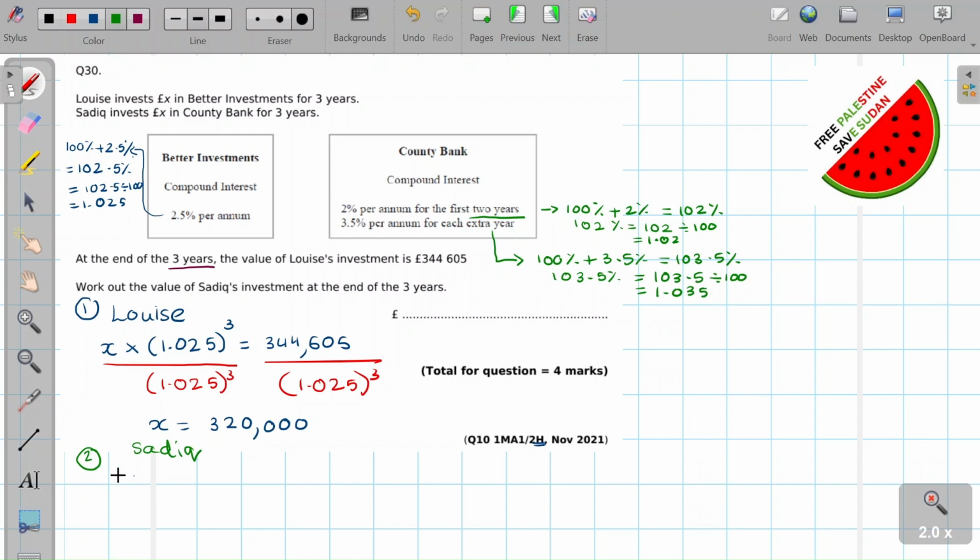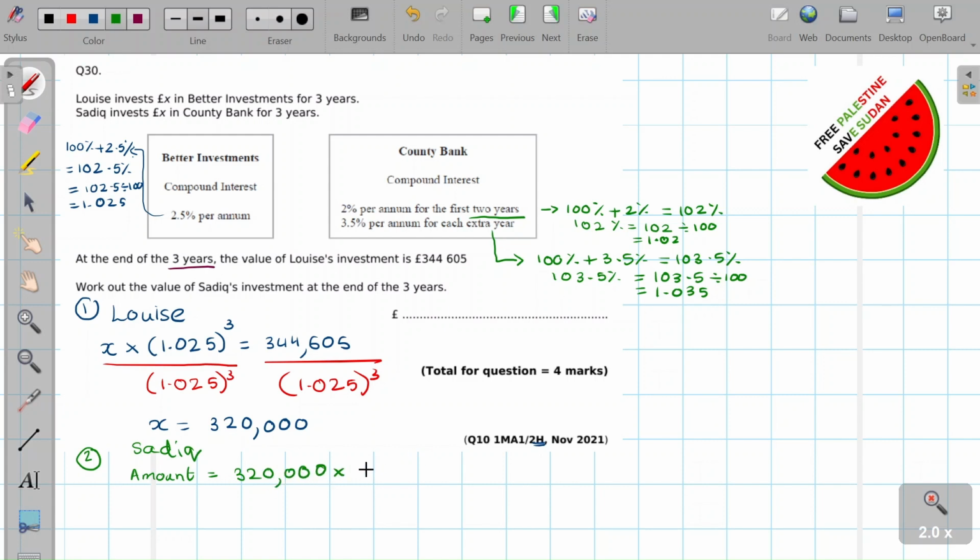So for Sadiq, the value at the end of the first 2 years would be how much money it was? 320,000. That's a lot of money, you know.